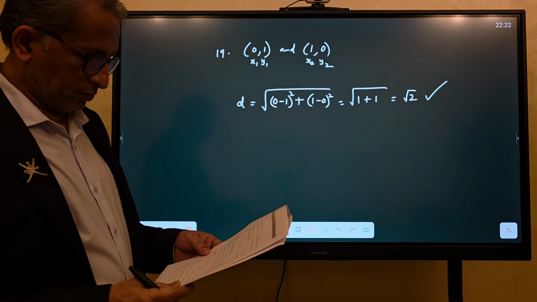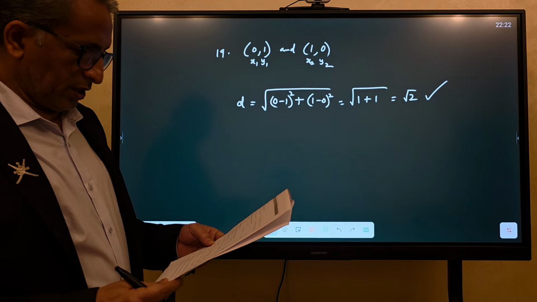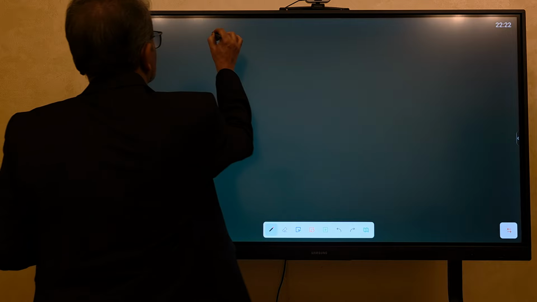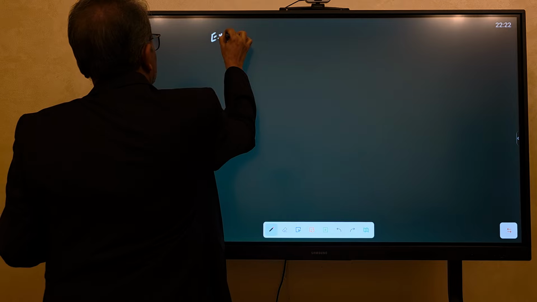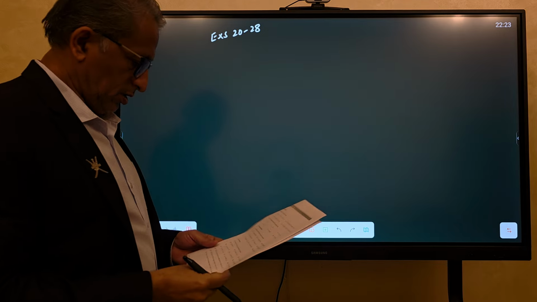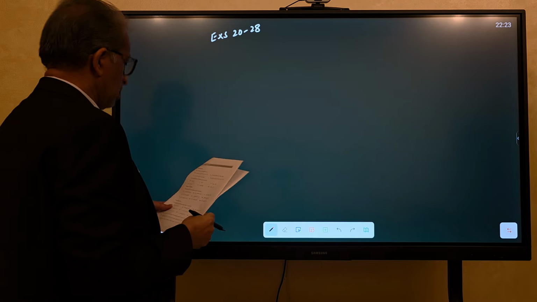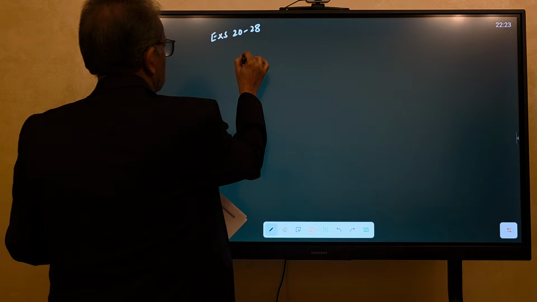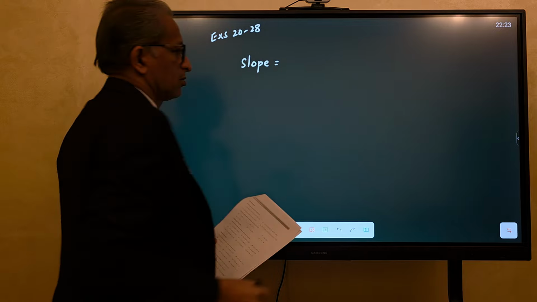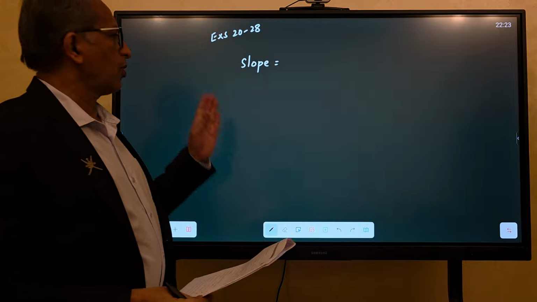Then we will come to examples 20 to 28. Here we are using this formula: slope of a line.